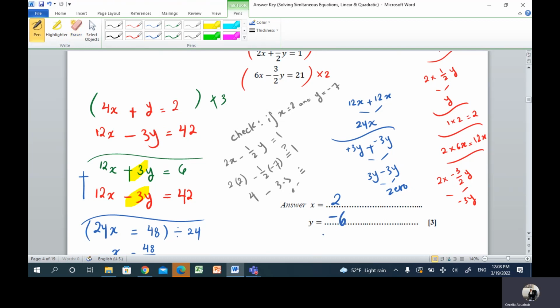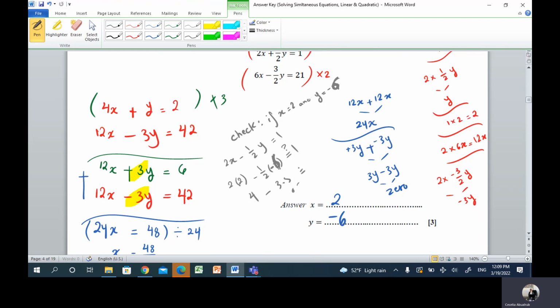Okay, now let's do the checking once again. If x is equal to 2 and y is equal to negative 6, it will be 2 times 2 minus half times y, which is negative 6. Is it going to be equal to 1? So 2 times 2 is 4.